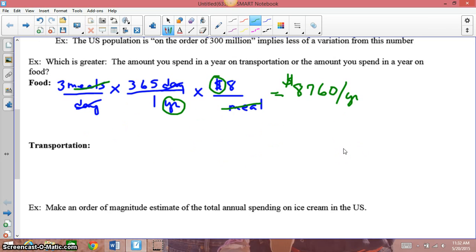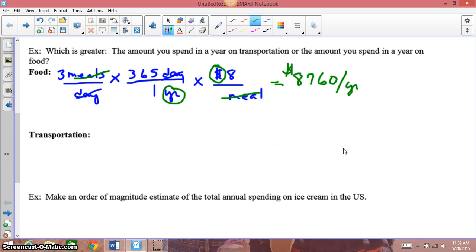Transportation, as you can imagine, has quite a bit more involved. Gas, for example, so we'll start there. Let's say we spend on average $40 per week, and we do one fill up a week. There are 52 weeks in 1 year.